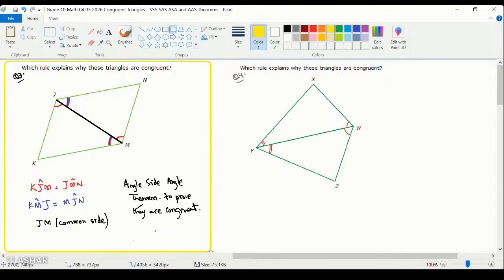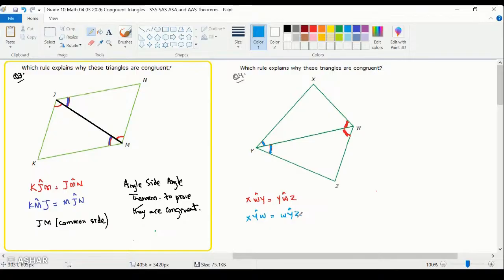Do we have common angles? Yes, we do. This angle is equal to this angle, right? Angle XWY is equal to angle YWZ. Common angle, same equal angles. Then we have the next pair of angles, XYW is equal to WYZ.